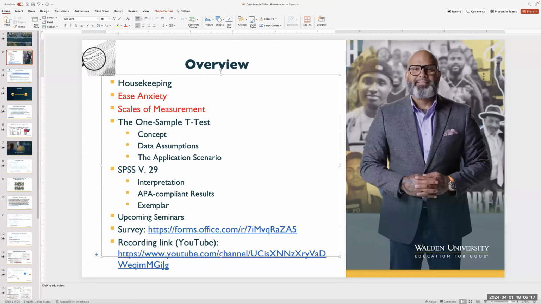But of importance is that once we run this one sample t-test, we want to understand and be able to interpret that output. And what does it mean? What does all this, as we call it, gobbledygook in the very beginning, turn out to be something that we're able to understand and write about and not just click buttons.